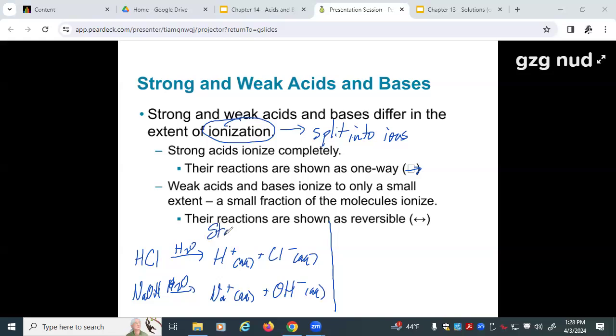So this side was all of our strong reactions. On the weak side, we might have something like this, where acetic acid will partially break down into ions.